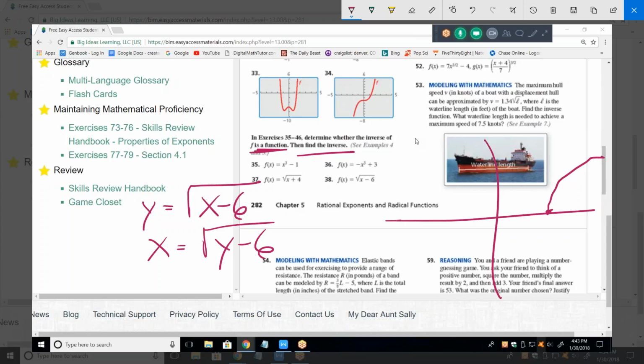And then x squared equals y minus 6. And then, so x squared plus 6 equals y. And there you go. There's the function.